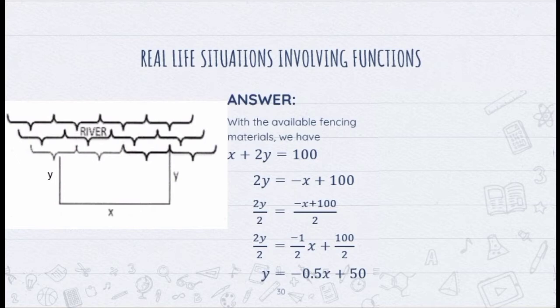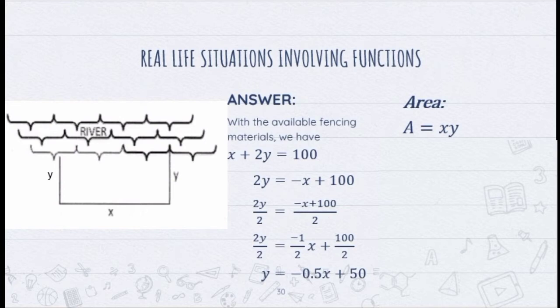With this value of y, we can now solve for the function involving the area. Recall that the area of a rectangle is height times width. In our figure here, we used x and y for height and width, therefore our area is x times y.